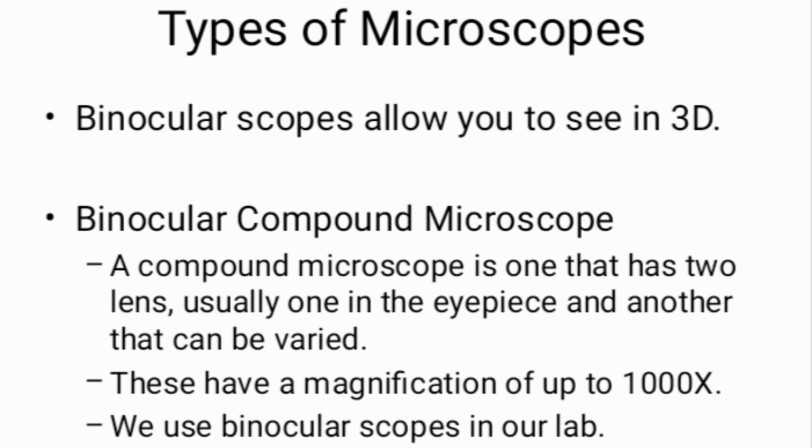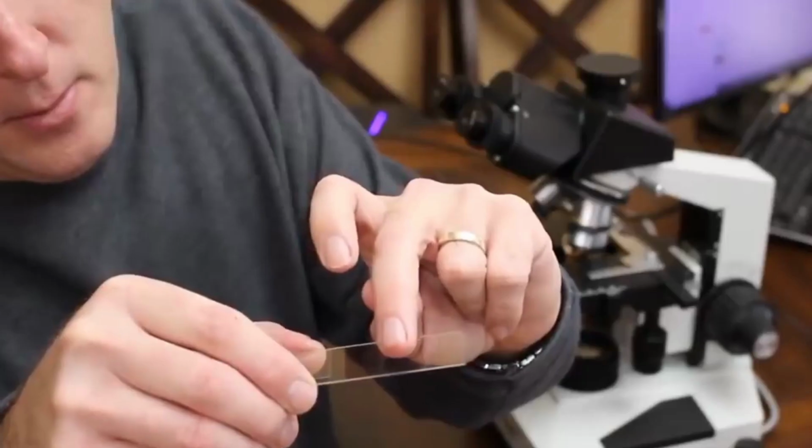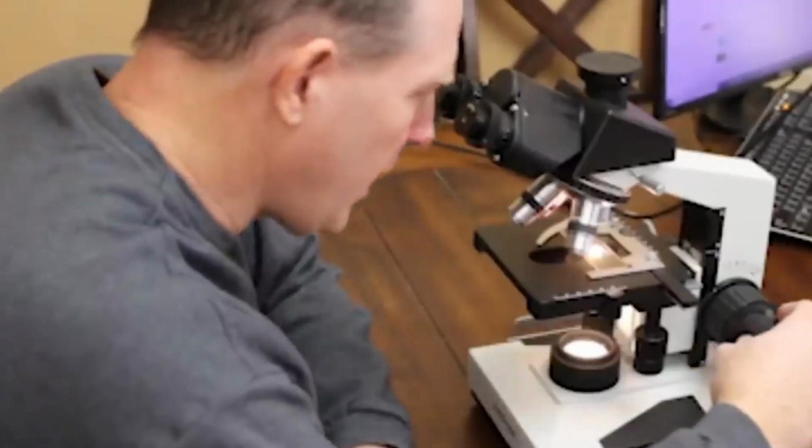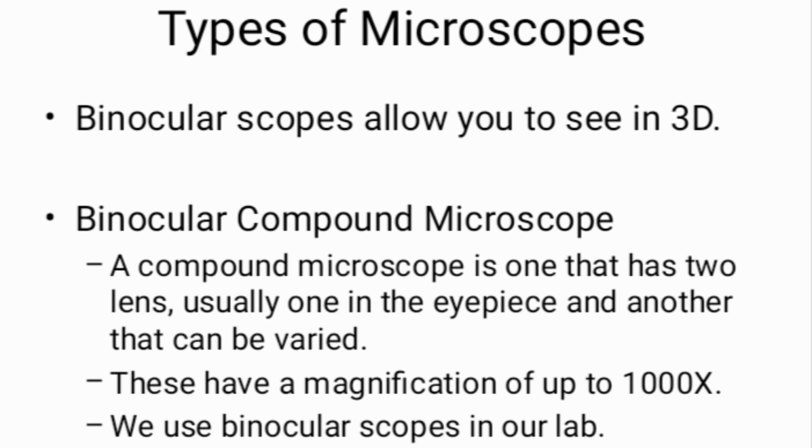So the magnification is 10 times. But don't forget, it is very important before you start your microscopy to check the magnification of the ocular lens. It is very important so that you will not make a wrong calculation.